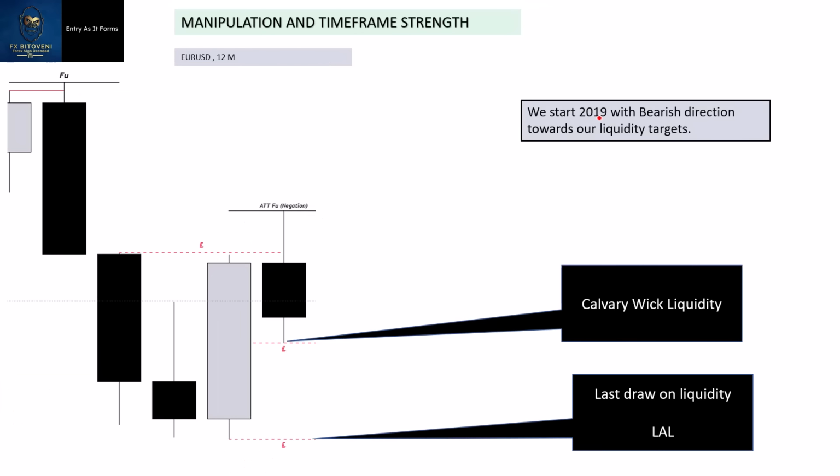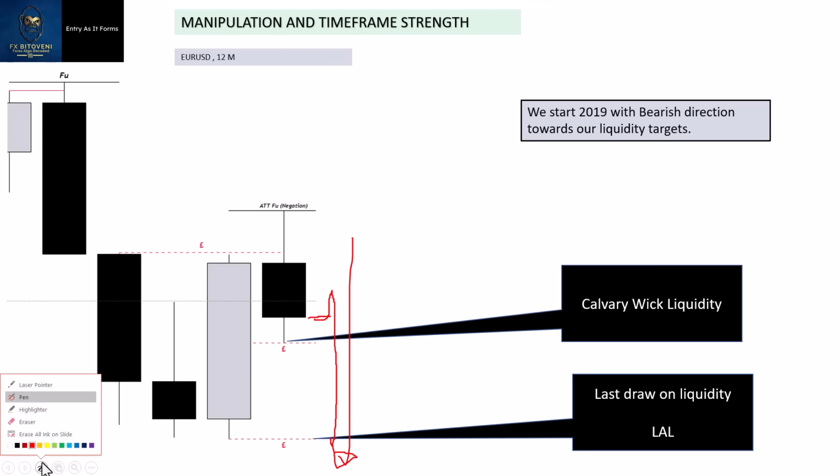We start 2019 with a bearish direction towards our liquidity targets, right? So we have a direction. We know we are going down. We are going to have a candlestick open, maybe to trade higher to create a high of the year, and it then goes down to grab liquidity. Hope you can see that.